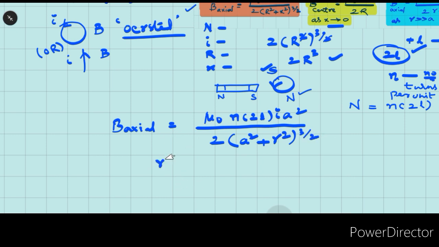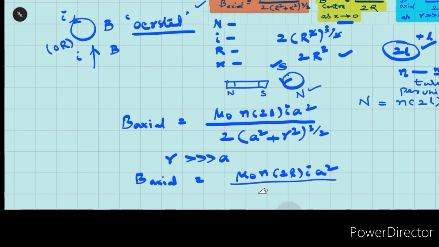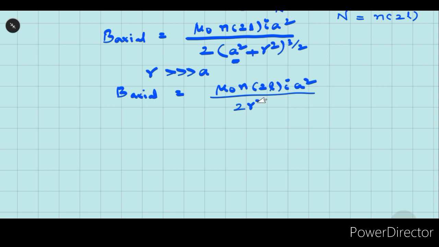As the axial distance is very much greater than the radius of the solenoid, we can write B axial is equal to mu naught into n into 2L into I into A square divided by 2 into, as A is very much less than R, we can ignore A. So we get R square whole to the power of 3 by 2.